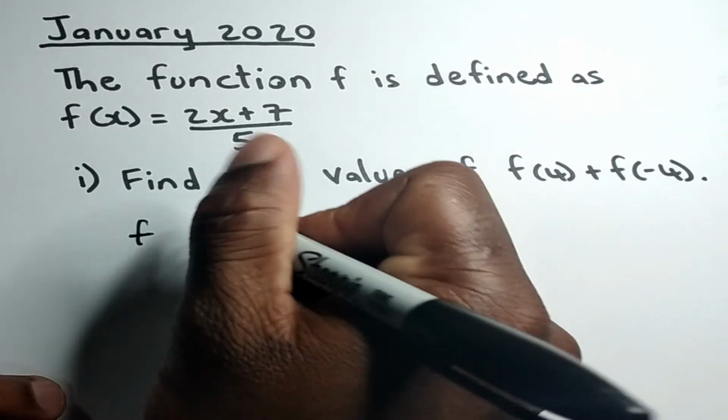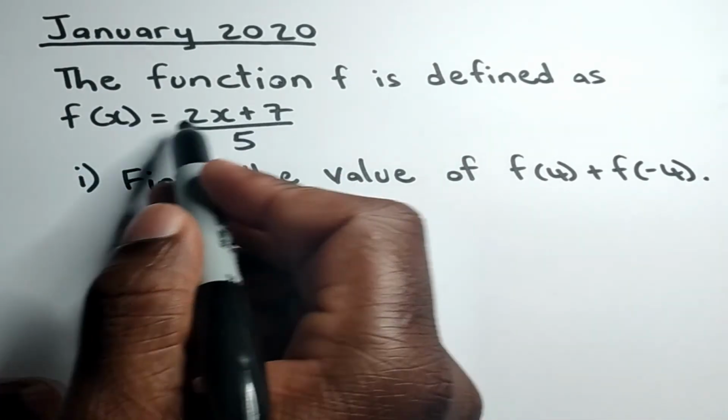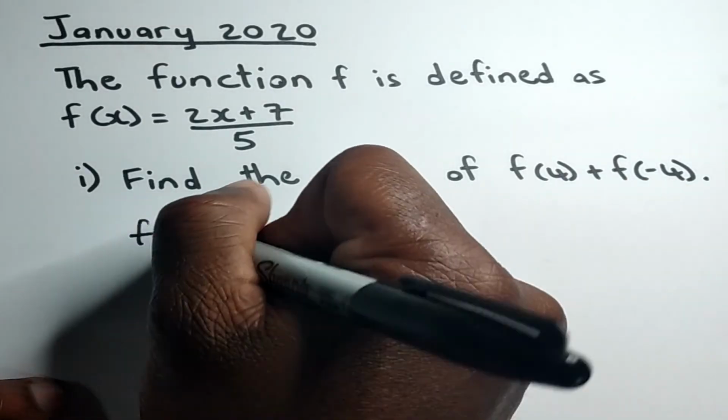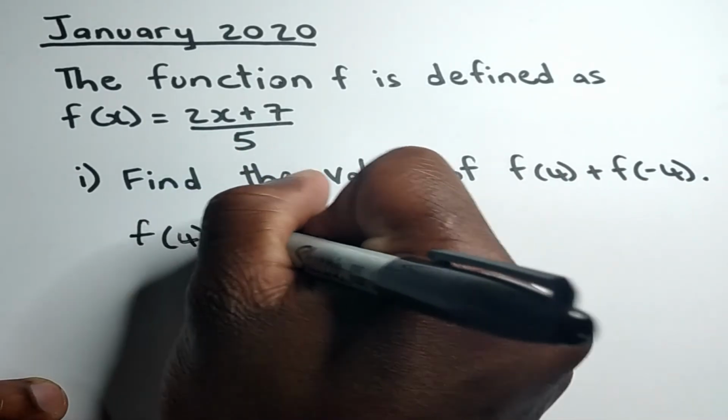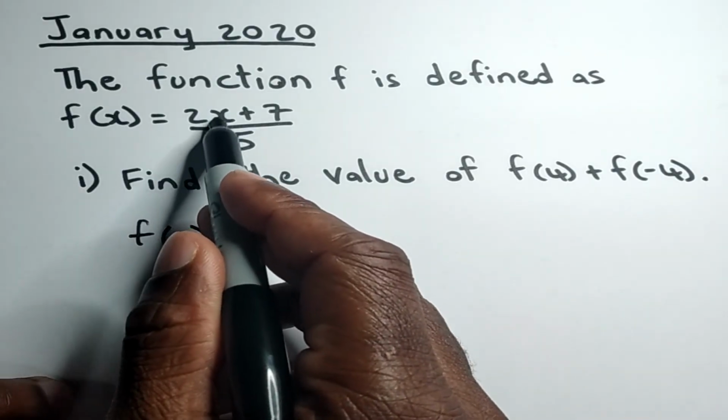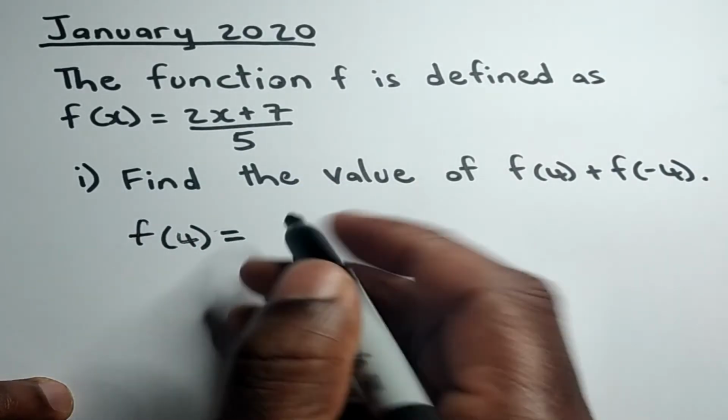So remember, this is the function we're dealing with. We want to sub 4 into the function. Wherever we have x, we replace the x with 4.